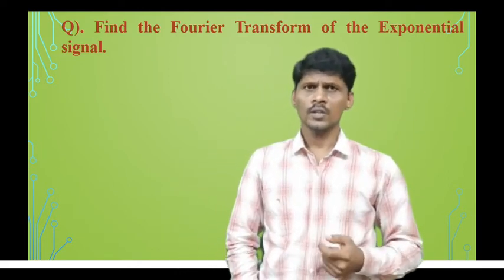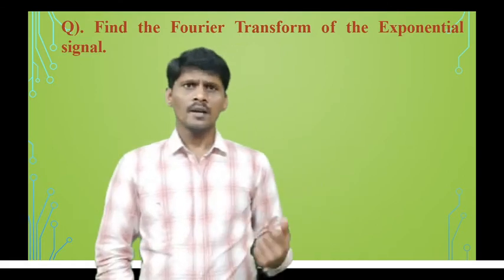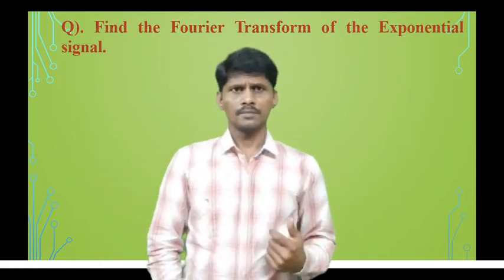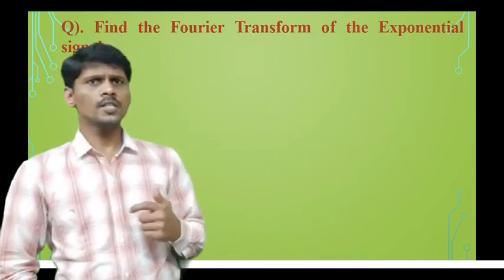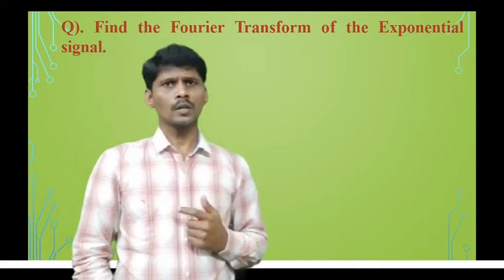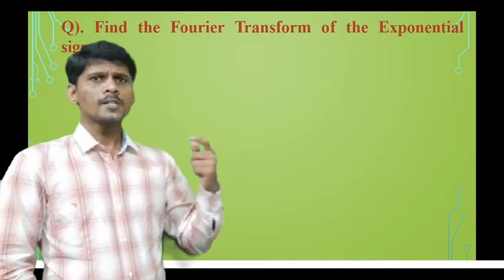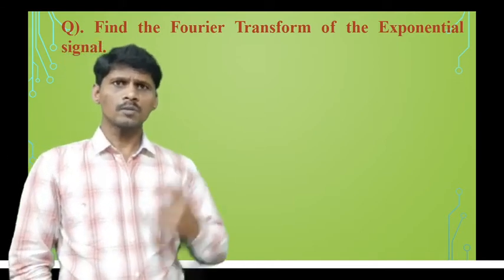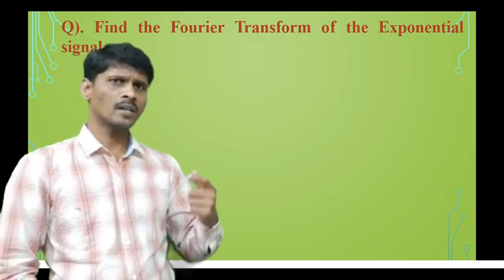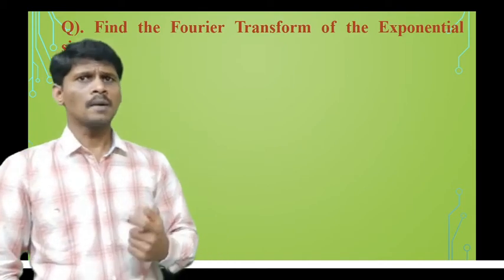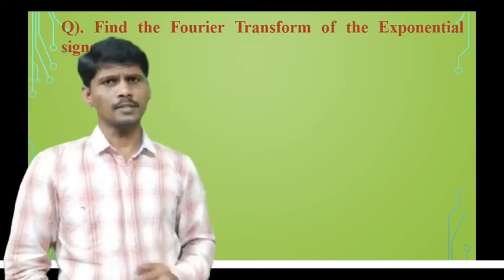So now here we can determine it by another method. So what is that method? Using the frequency shifting property of the Fourier transform, we can determine the Fourier transform of the exponential signal, that is, the Fourier transform of e power j omega naught t or e power minus j omega naught t.